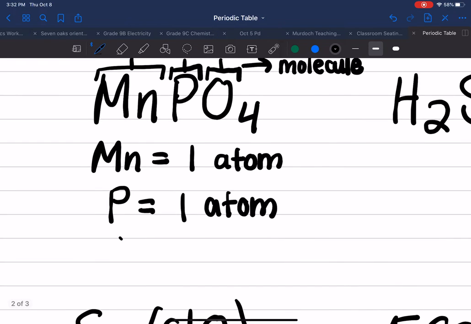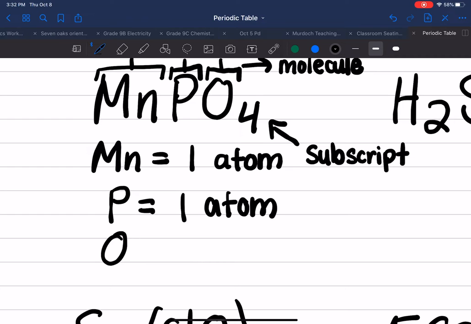And now if we look at oxygen, it has a subscript, okay? That smaller number located to the right-hand side of the element is a subscript. It tells us how many atoms there are for just this particular element, because it's right beside it. So oxygen would have 4 atoms.